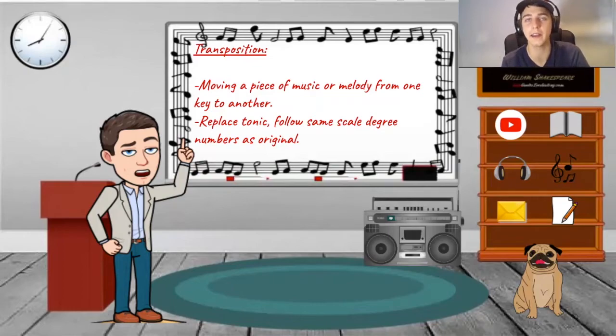So if I had a melody line in C major that went C, D, E, if I wanted to transpose that to G major, all I'd have to do is replace C with G and then move by the same number of steps. So in that case, C to D to E is all whole steps. G up a whole step is A, up another whole step is B. And that's a transposed melody. It's really that easy.